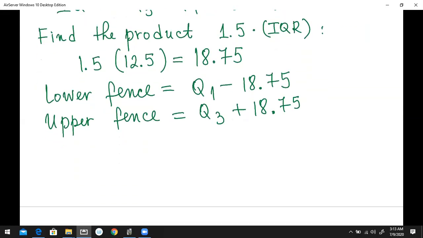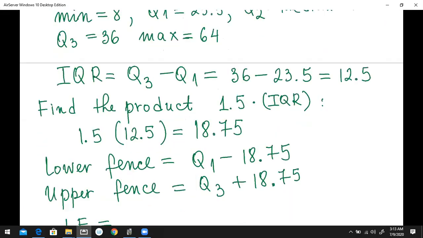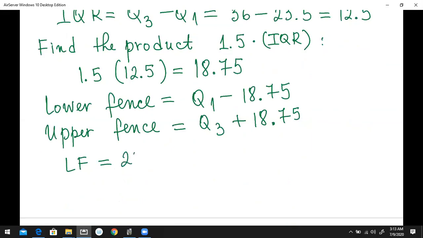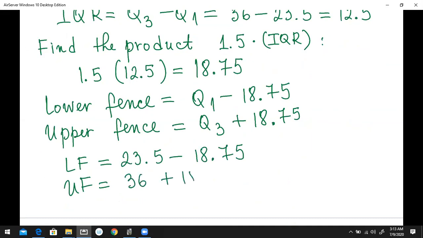So let's find it here. The lower fence will be 23.5 minus 18.75, and the upper fence will be 36 plus 18.75. Okay, let's find these two numbers.